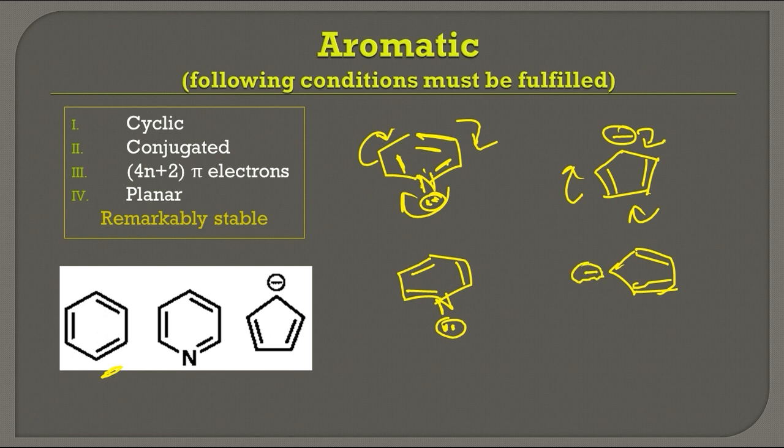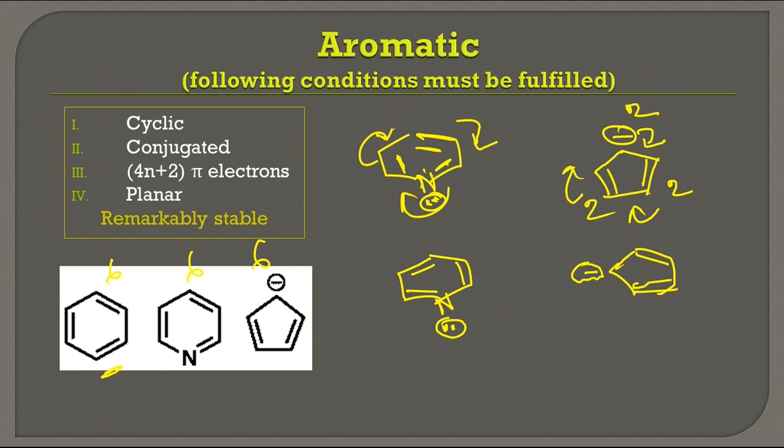So this is also cyclic, conjugated, 6 pi electrons. Now how is it 6 pi electrons? Because the negative charge is also taking part in conjugation, so you have to consider this as 2 electrons. So a total of 6 electrons again, just like the previous case. So in all these three examples, there are 6 pi electrons present, and the other factors, that is cyclic, conjugation and planar, are also fulfilled.